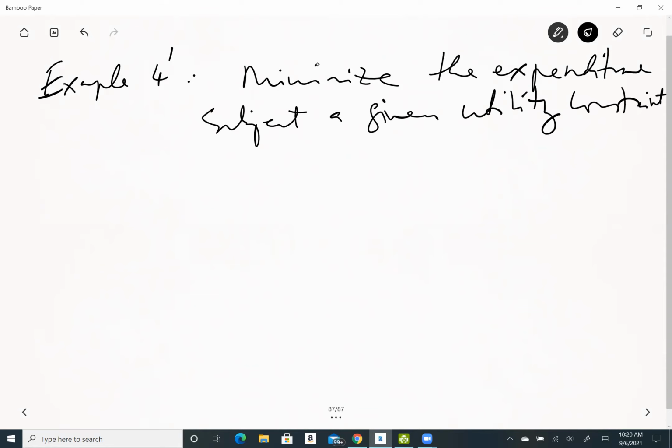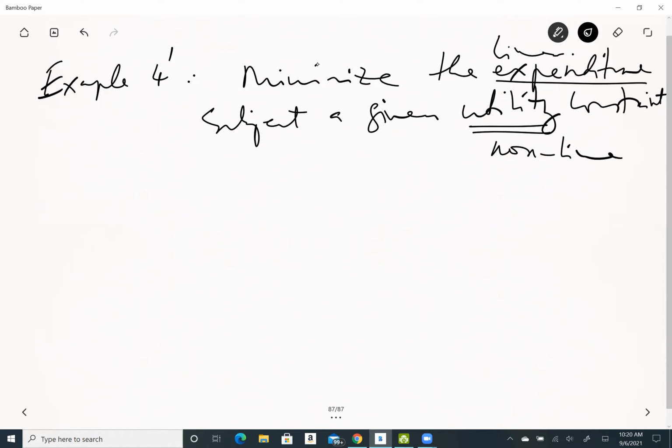the constraint is non-linear. In this example, like I said earlier, if the constraint is non-linear, the objective will be linear. Here the utility is non-linear, and the expenditure, the income, is linear. So we can switch the problem from maximizing to minimizing.